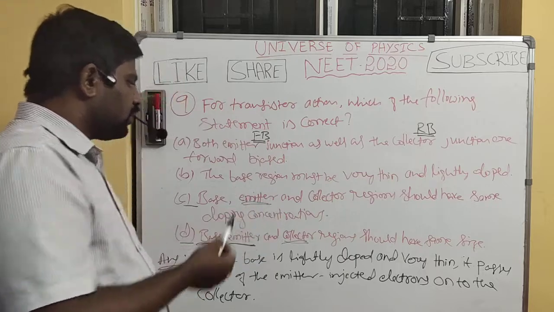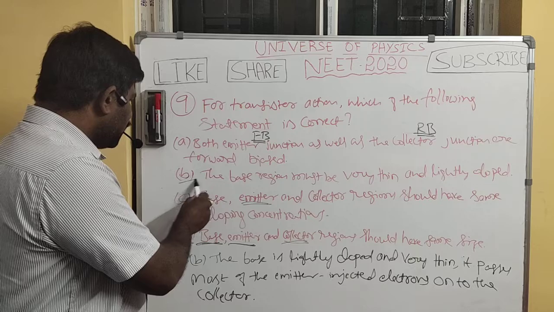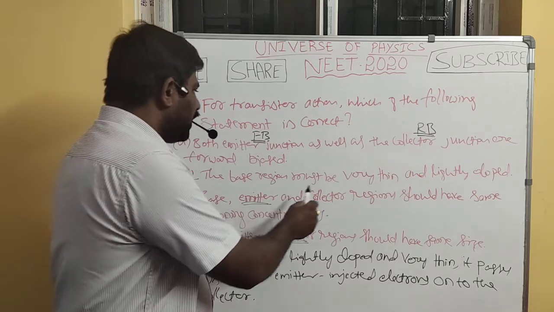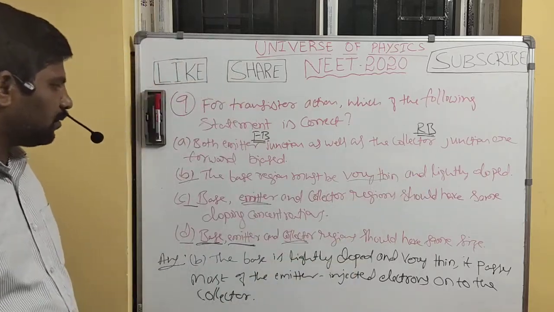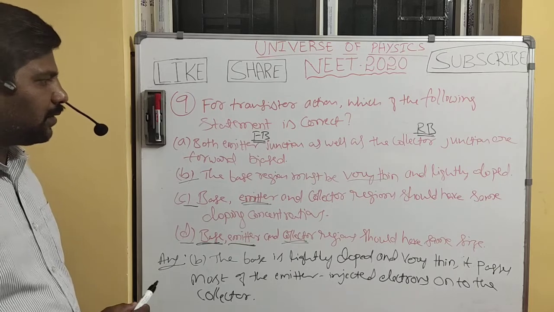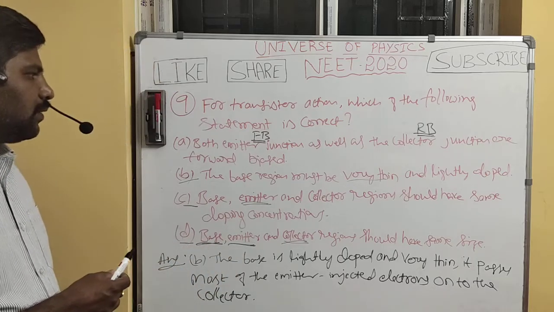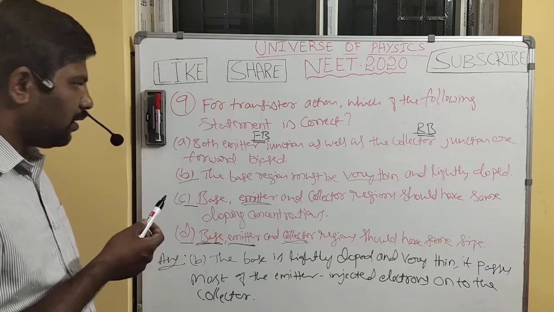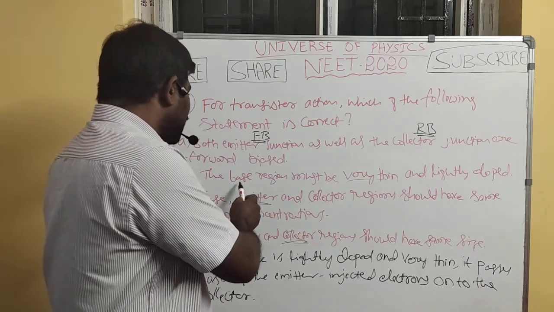that charge carriers. If we consider the option B, here the base region must be very thin and lightly doped. Yes, because the base region is always very thin. It is very thin because whatever the charge carriers emitted by the emitter, that charge carriers reach the collector through this base region.